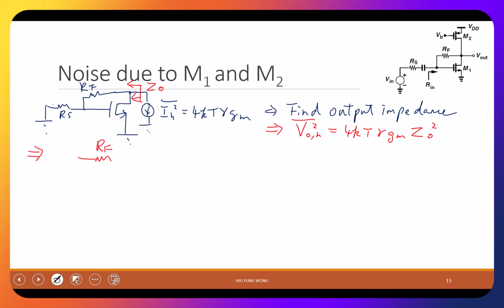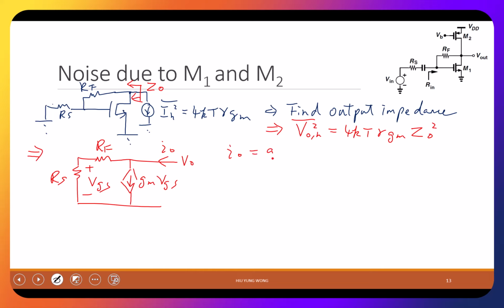RF is connected to the gate and the source, and then this is GM VGS. Here is V out, I out, because I want to find the output impedance. And here I have RS, and this is VGS. So what is I out?